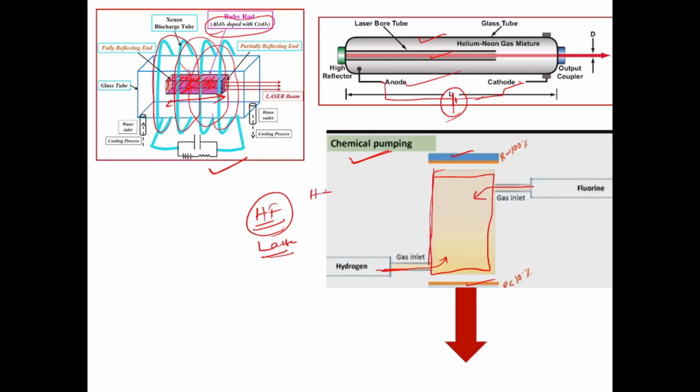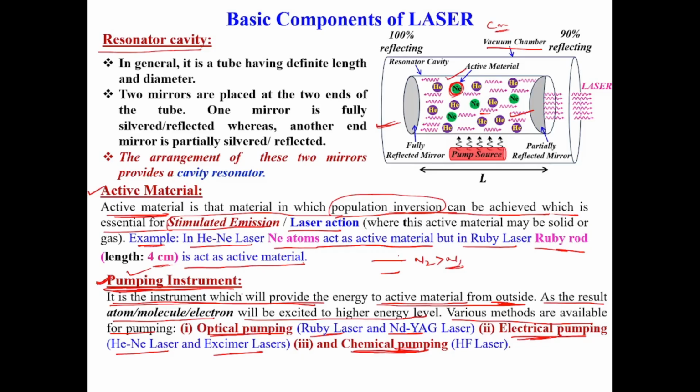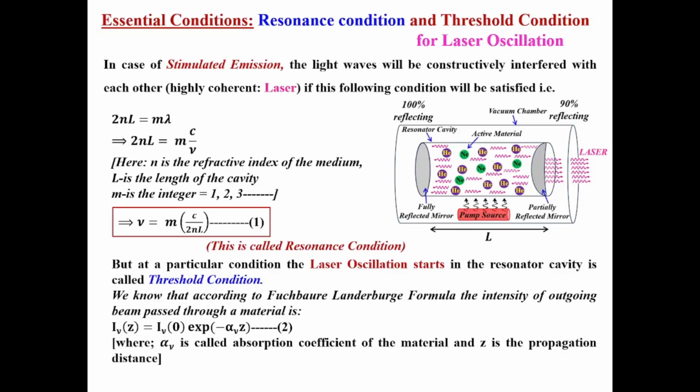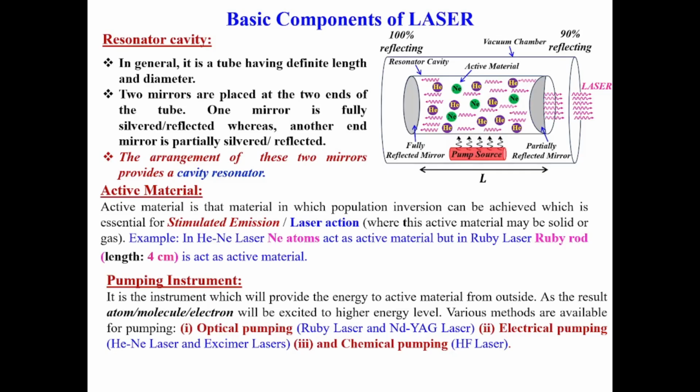Hydrogen and fluorine interact or react, and produce energy. That energy is again used for activation of hydrogen and fluoride. Okay, so these are the three basic methods or instruments we use to activate the active materials in different laser systems. So this is all about the basic components of laser.